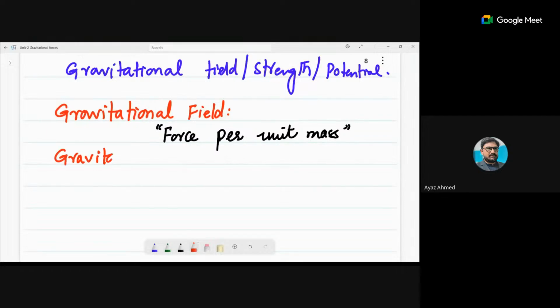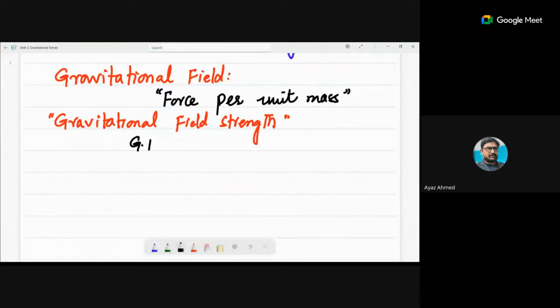But now I will talk about gravitational field strength. It is something the same but a bit extended. The above one is a general description, but gravitational field strength is a specific discussion at a specific point, because it will depend upon the point or the position.